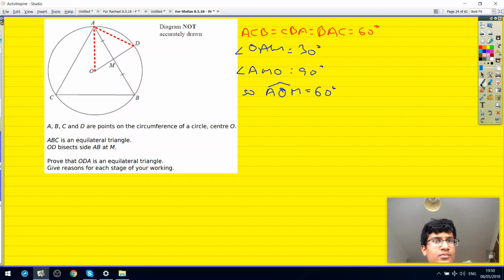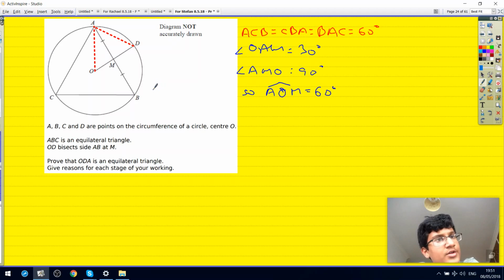You said OAD is 60, so OAM is 30. And then you said OAM is 30, and so OAD must be 60. You know what I mean? They told you prove it's equilateral, but you just kind of assumed it's equilateral. So from what you have, are there any sides that could be the same length?